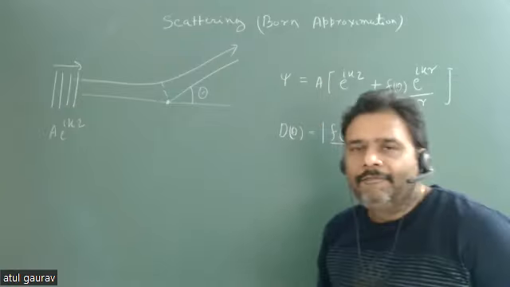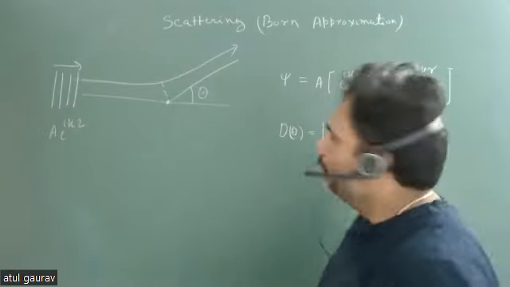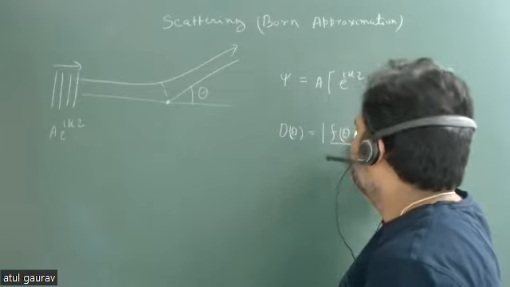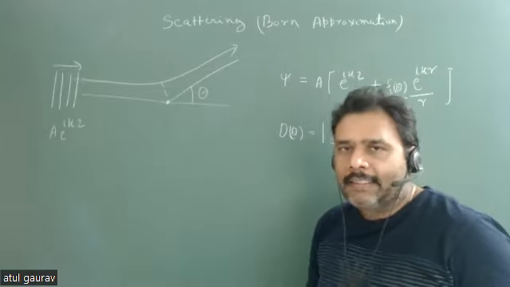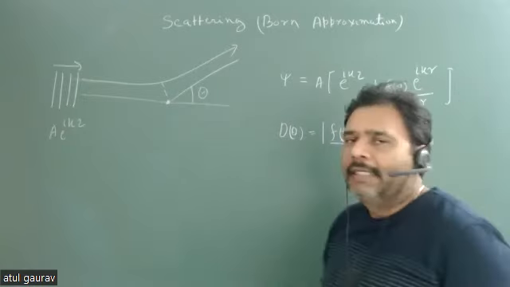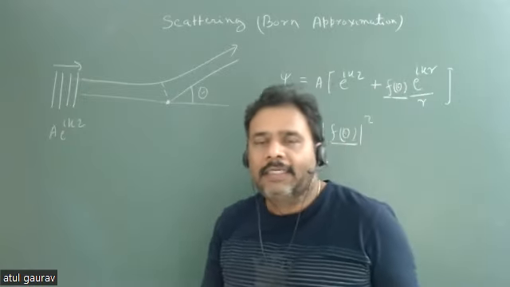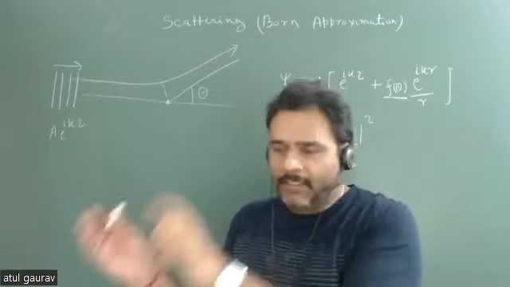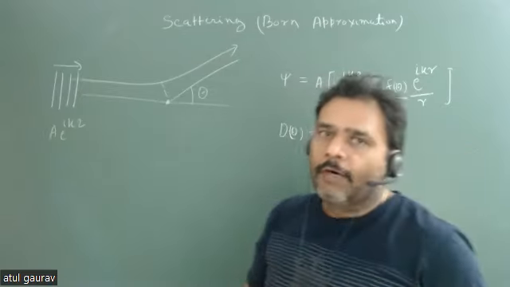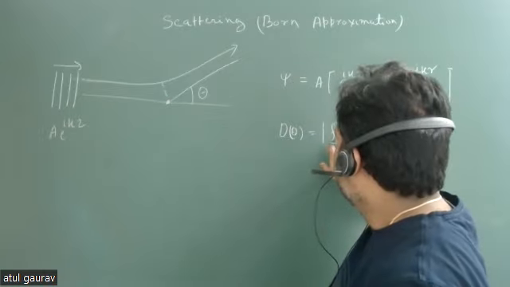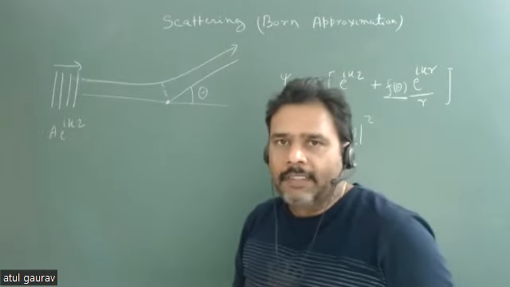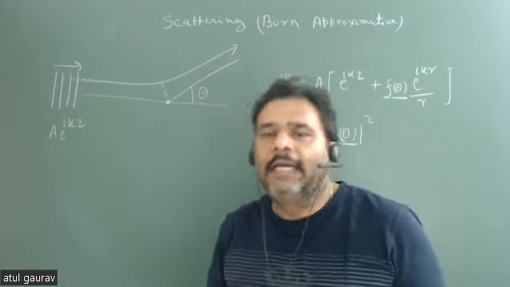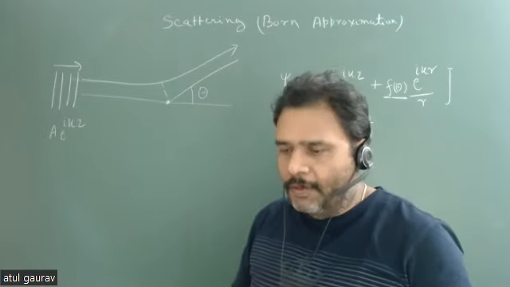The whole challenge is finding the value of f theta. As in classical mechanics the main challenge is finding b as a function of theta, here we have to find how f is a function of theta. This is the real challenge.